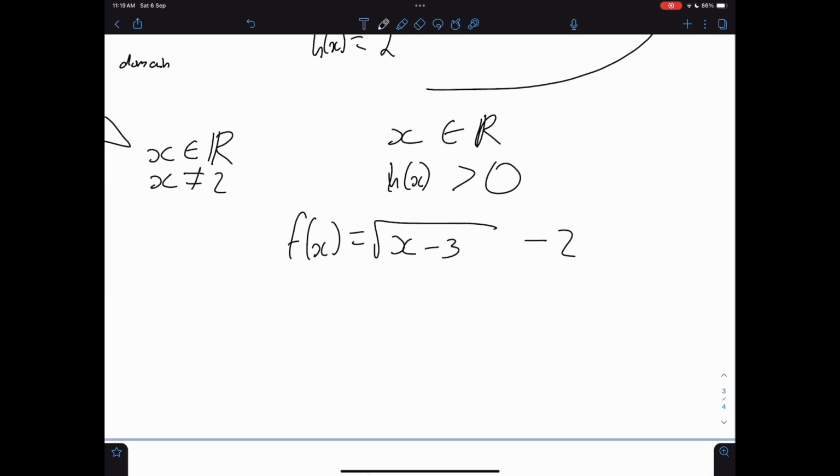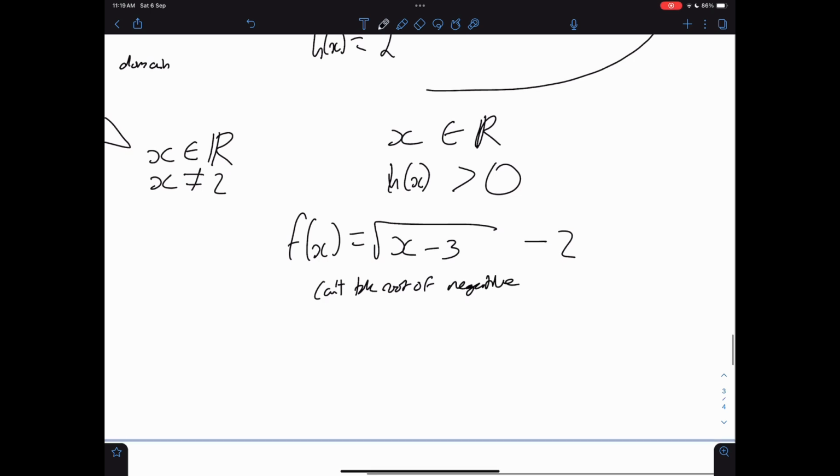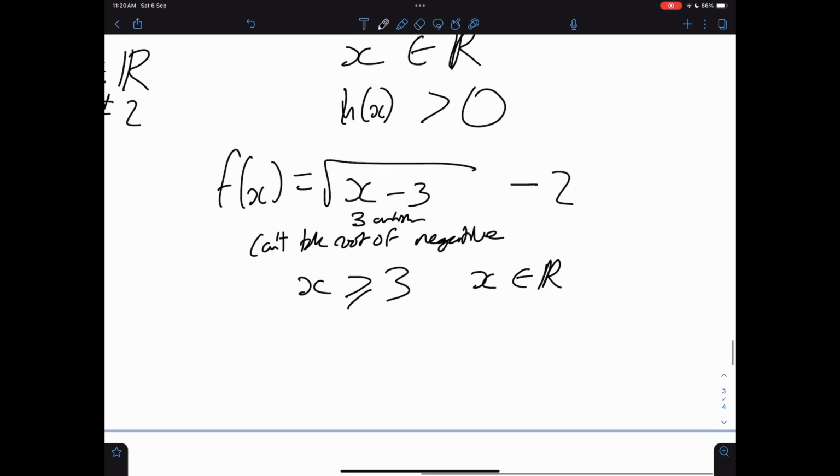As we know with square roots, for real numbers at least, you can't take the root of a negative. So x minus 3 needs to be 0 or higher. So x must be greater or equal to 3, and you can say x is an element of real numbers as well.